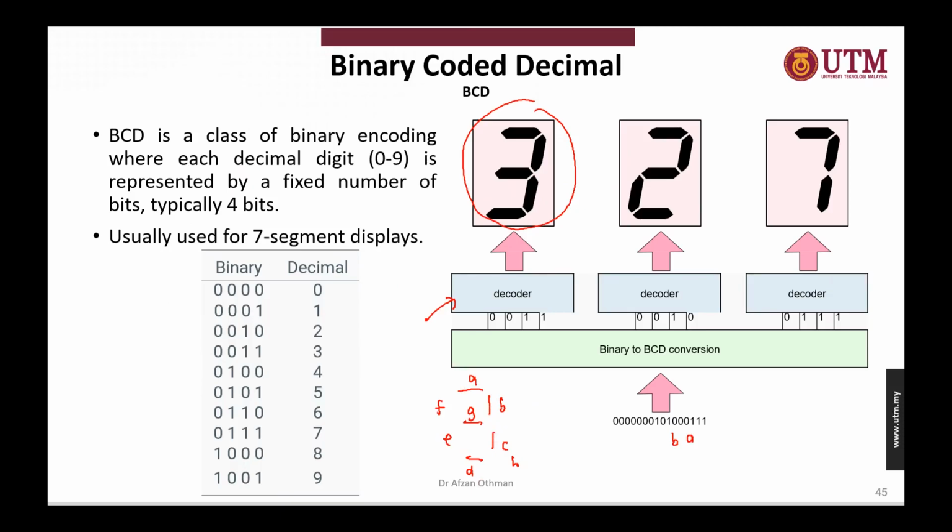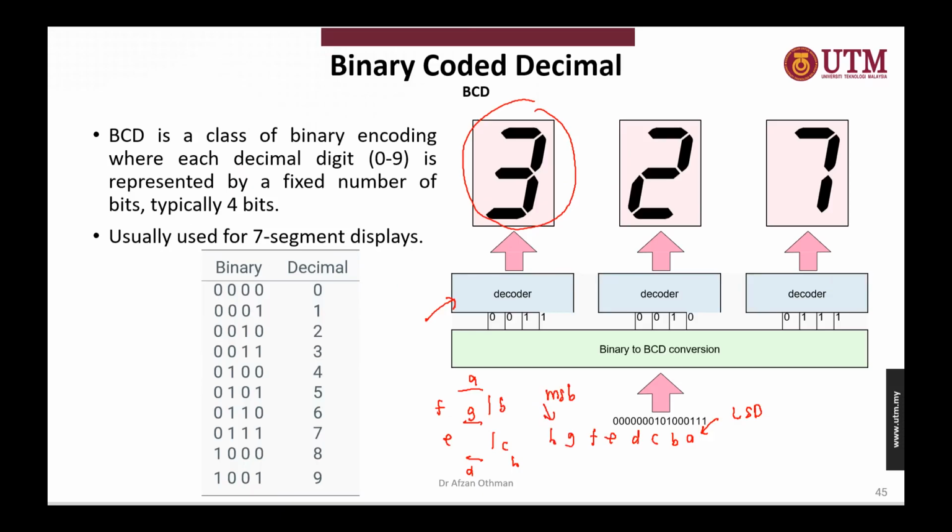Based on these LEDs, we arrange them so that A becomes the least significant bit, while H is the most significant bit. So you give A, B, C, D, E, F, G, and H, where H is the MSB.